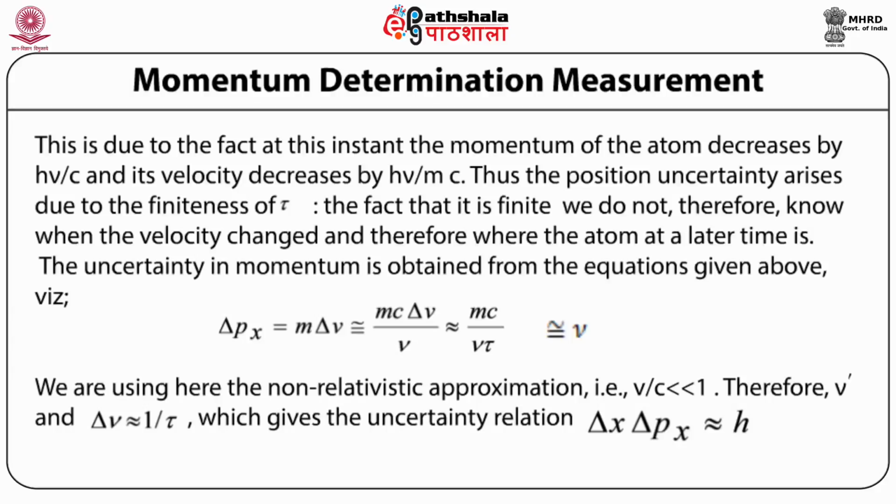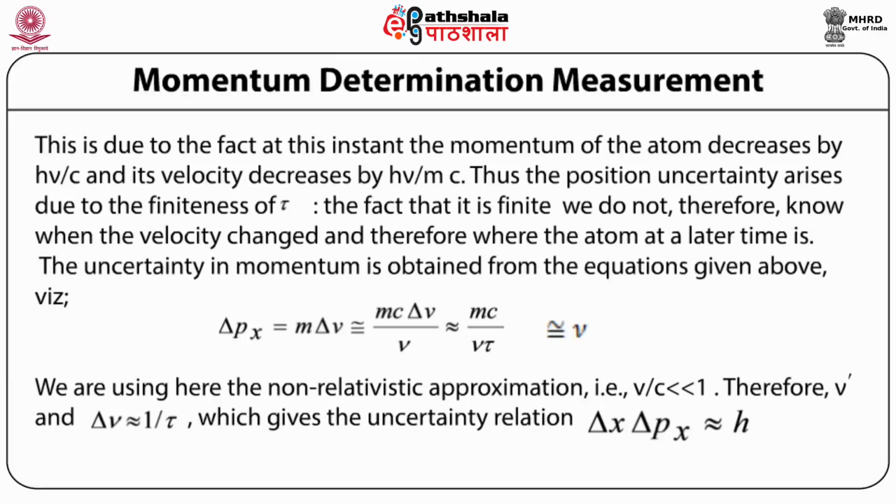The uncertainty in momentum is obtained from the equations given above. That is, delta px is equal to m delta v, which is equivalent to mc delta v by v, and this is equivalent to mc by v tau. We are using here the non-relativistic approximation, that is, v by c is much less than 1.